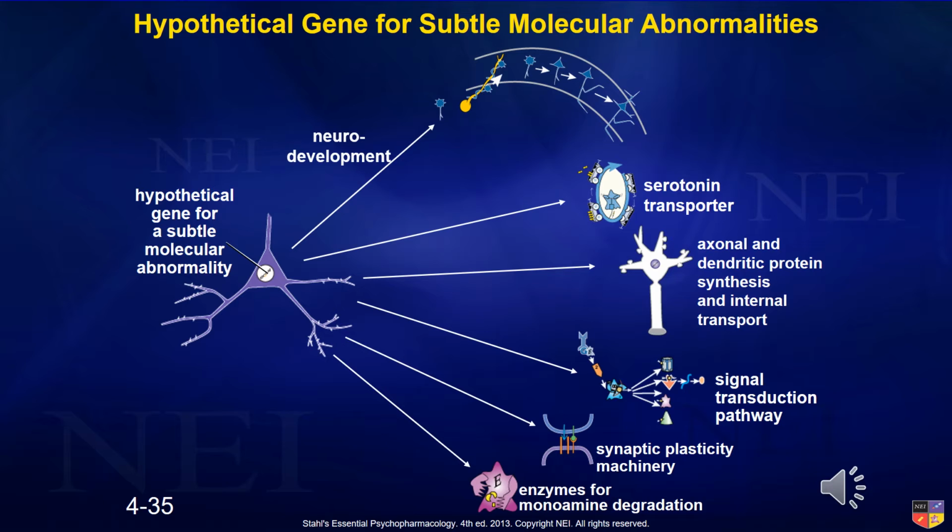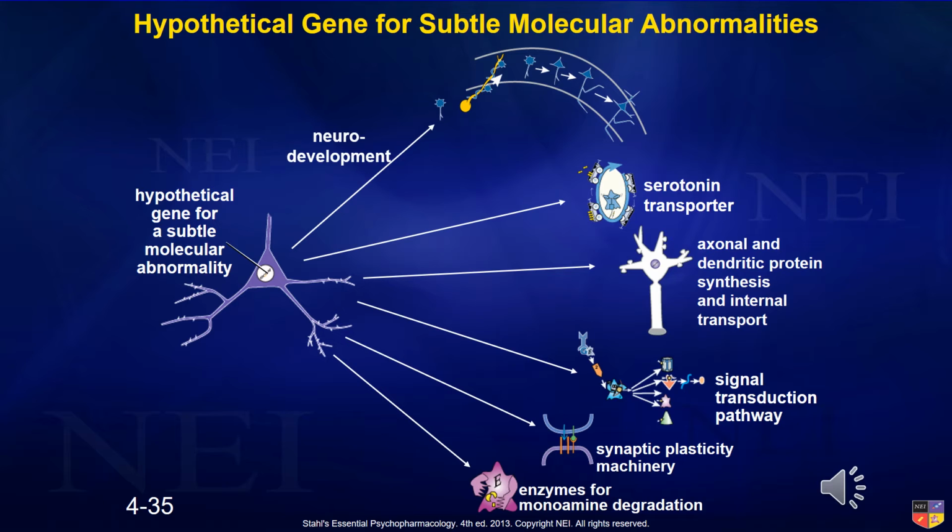neurotransmitters serotonin, dopamine, epinephrine, and GABA, or it could be something in the synthesis of the axon and the dendrites themselves and their own internal transport system of mitochondria, etc. Or it could be, if you're following down under signal transduction pathways, we're going to look at that in a few more slides.